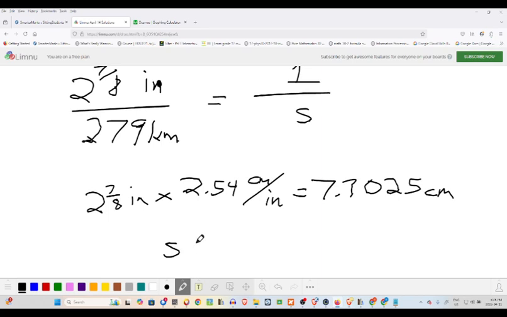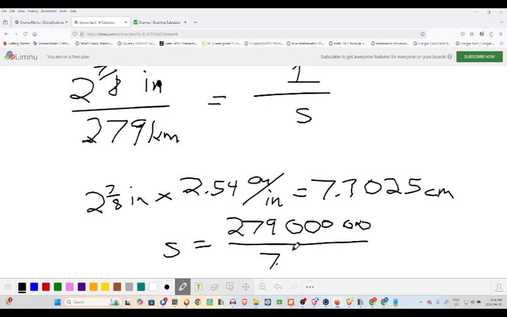So our scale, 279 kilometers is 279,000 meters. Add 2 more zeros to put that into centimeters. And we're dividing that by 7.3025.